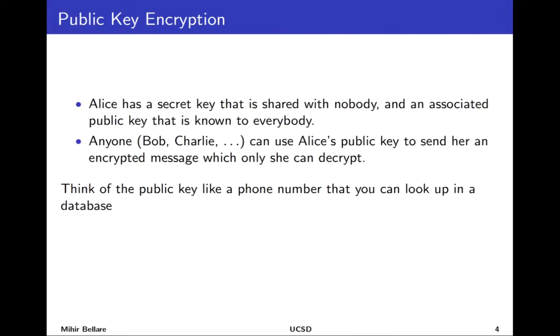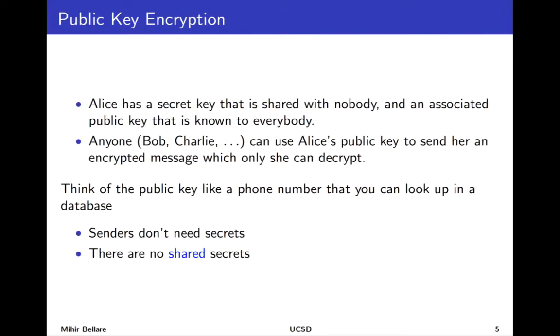If you want to send Alice encrypted data, you only need her public key. You can grab that from some public space. For example, think of it just like a phone number that you look up somewhere or an email address that you find online, and you just somehow as a function of it do something, and you can create a ciphertext which only Alice can decrypt using her secret key associated to that public key.